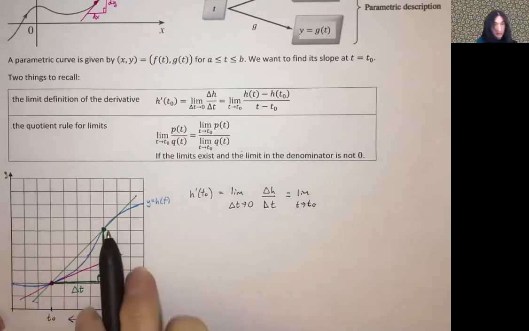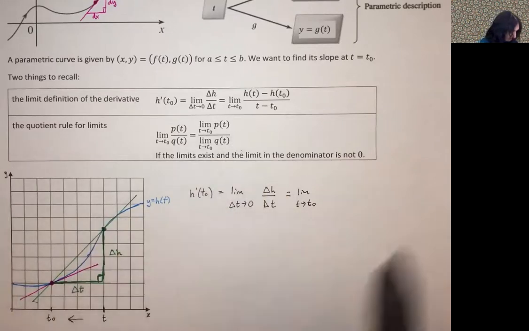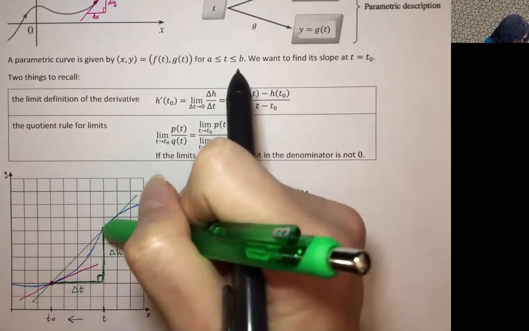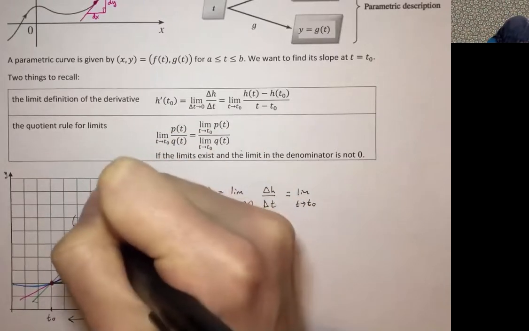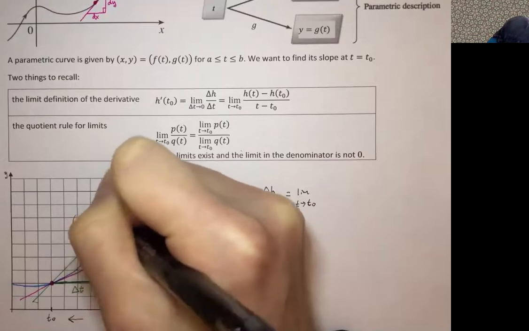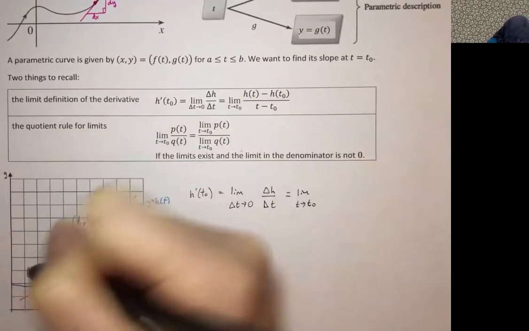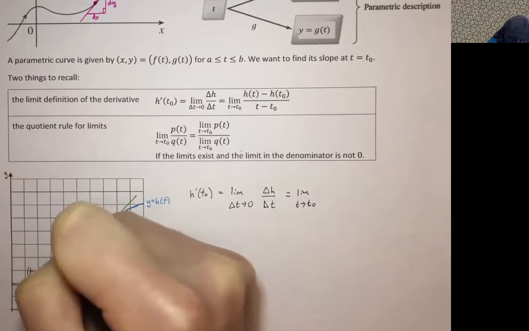And if we look carefully at the description of delta h, then we can see, for instance, that this point right here has the coordinate pair t comma h of t, and this coordinate pair has t naught comma h of t naught.